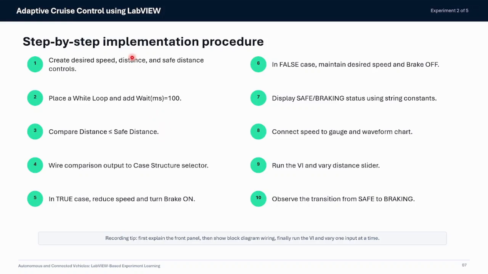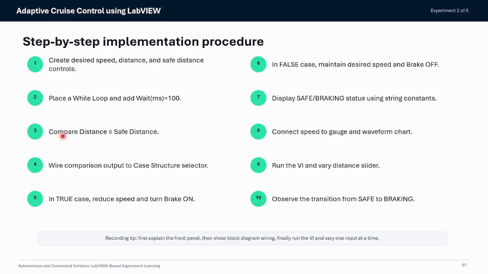First, we create the while loop and the case structure, with a true condition and a false condition based on the logic. If we apply the brake, we consider the true condition. If we do not apply the brake and maintain the same speed, it is the false condition.